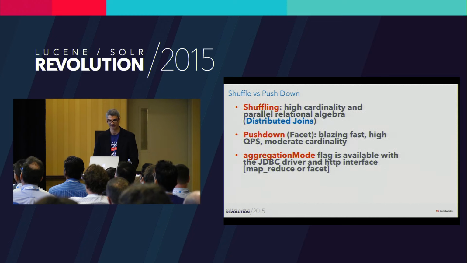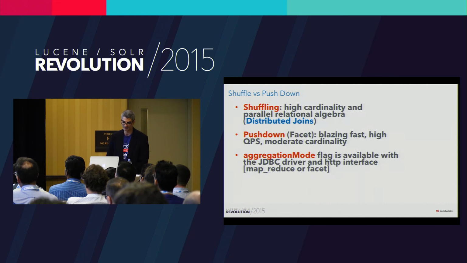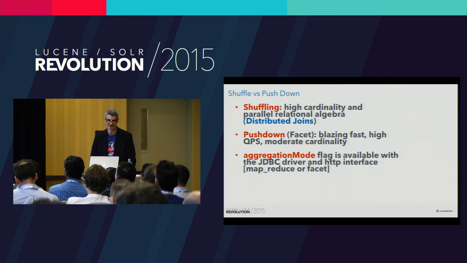And so this distinction between shuffling and pushing down is one of the key decisions you have to make in a parallel computing environment. Which pieces are you going to shuffle? When do you shuffle, and when do you push down? And in general, you shuffle for high cardinality, and you shuffle for distributed joins. So I call it parallel relational algebra, but in our case, it's a lot of distributed joins that is the reason to be shuffling.